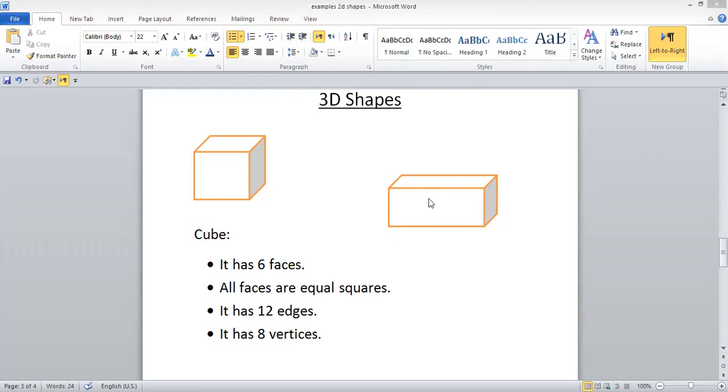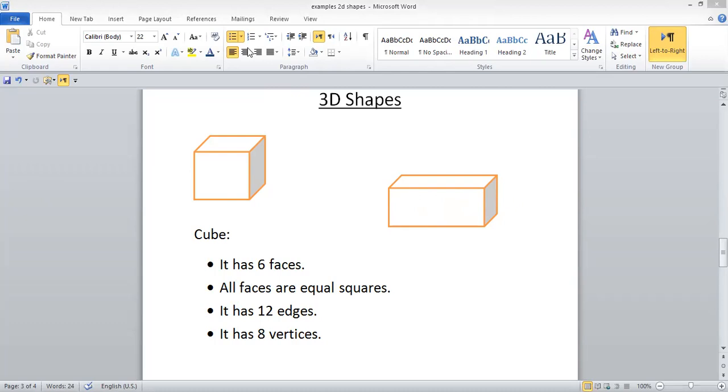But this is a 3D shape. You can check here, this is the front. You can check its right side, its top, its bottom. This is a 3D shape. It is not a rectangle. Can you identify that shape? Cuboid. Yes, very good. It is a cuboid.